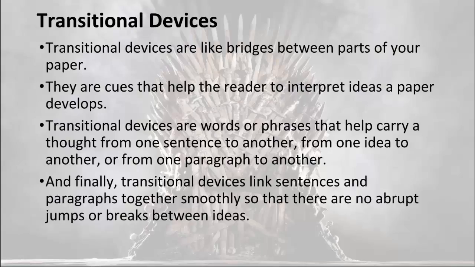Transitional devices are like bridges between parts of your paper. These are the cues that help the reader interpret ideas as a paper develops. Transitional devices are words or phrases that help carry a thought from one sentence to another, from one idea to another, or from one paragraph to another. Finally, transitional devices link sentences and paragraphs together smoothly so that there are no abrupt jumps or breaks between ideas.